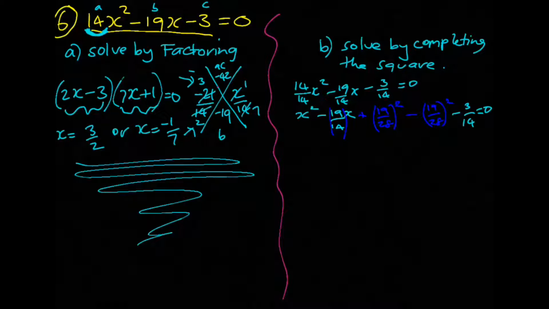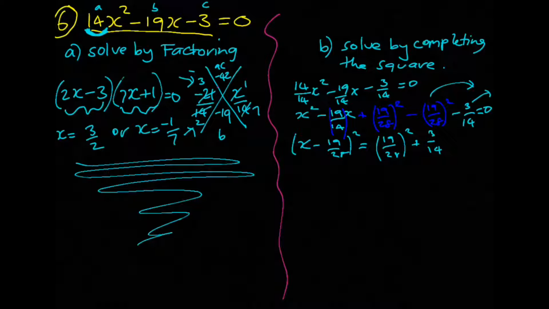So we've got x minus 19 on 28 all squared is equal to, let's bring these over the other side, so they both come over as positive. So it's 19 on 28 squared plus 3 on 14.